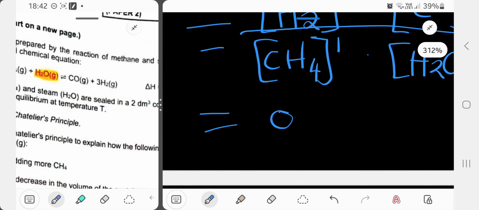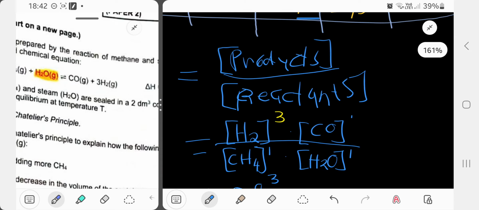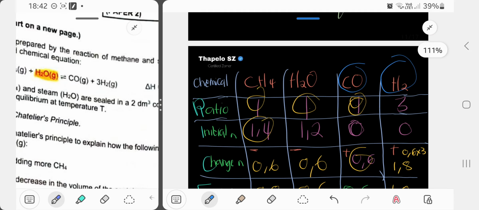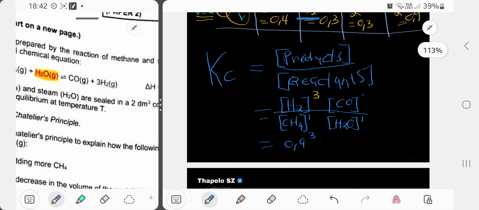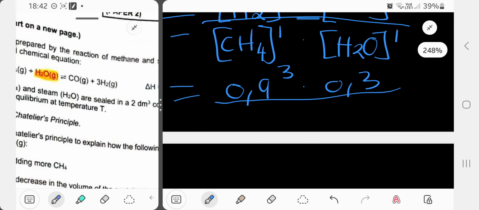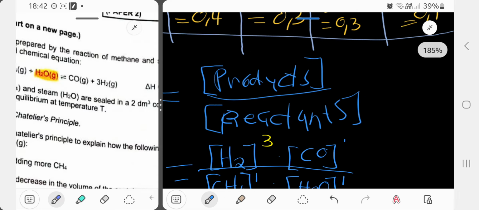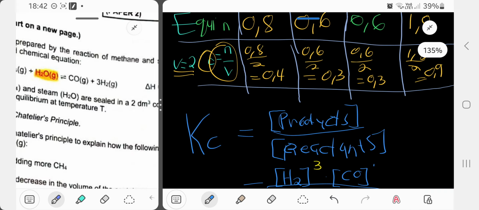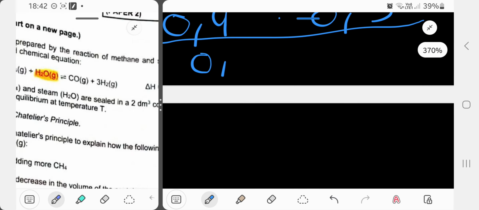So we're going to have 0.9 to the power of 3 multiplied by the concentration of carbon monoxide, which we got as 0.3 as well. 0.3 all to the power of 1 doesn't make any difference. And then here we have CH4. We have 0.4 for CH4 to the power of 1, doesn't make a difference.